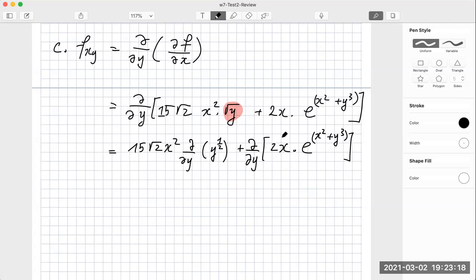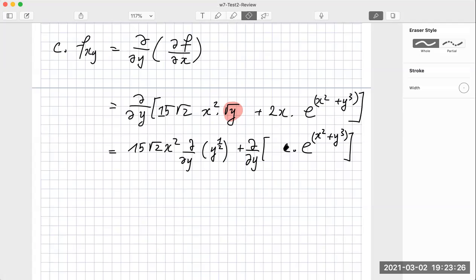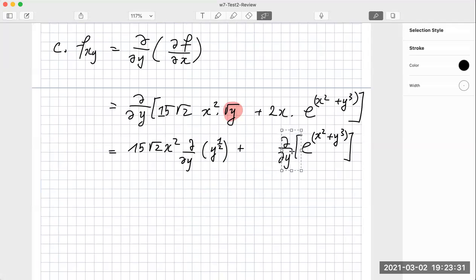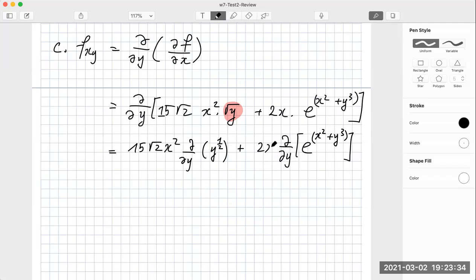If we take the partial derivative with respect to y, then 2x is simply a constant. So now it will be 15 square root of 2 x squared times the partial derivative of square root of y, same story, 1 divided by 2 square root of y, and double check it yourself.